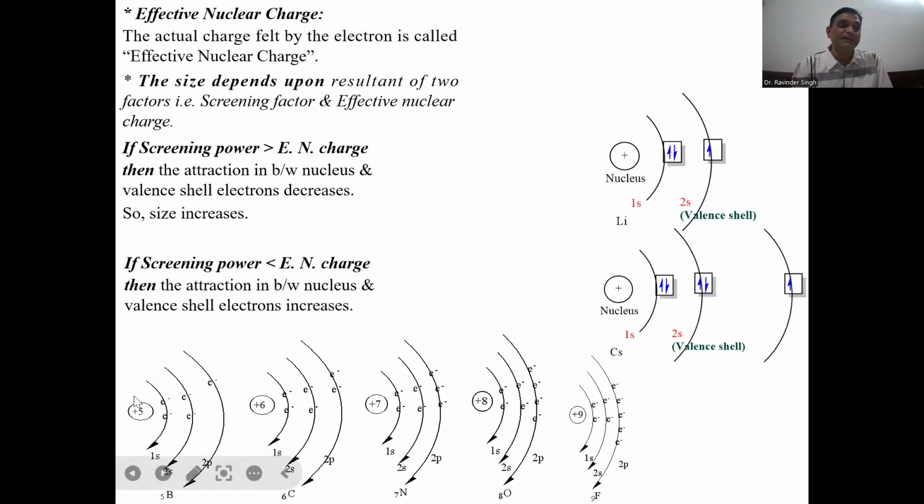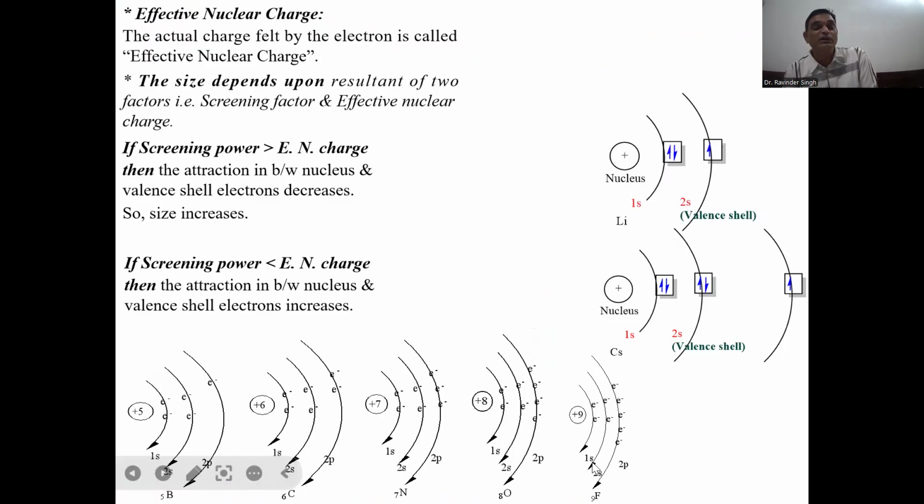But the positive charge, that is the atomic number, increases, from boron 5 to carbon 6 and so on. So the effective nuclear charge increases, while the screening effect almost remains the same.